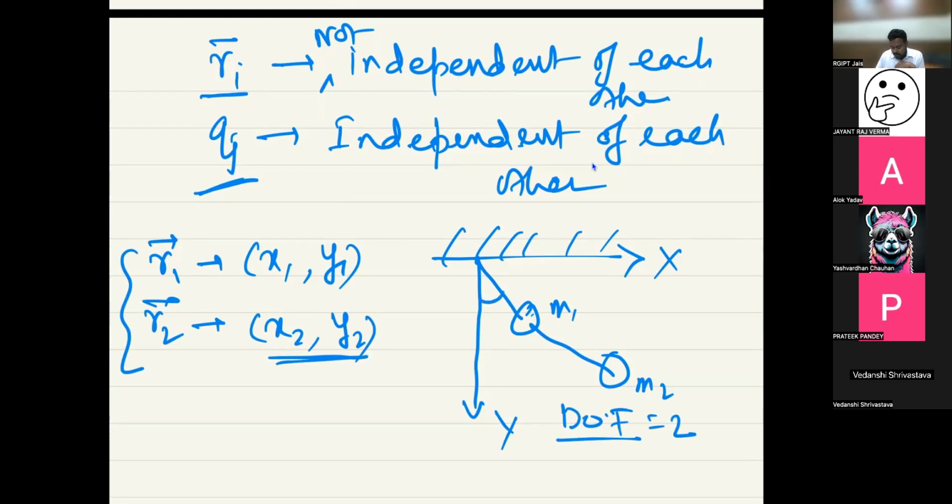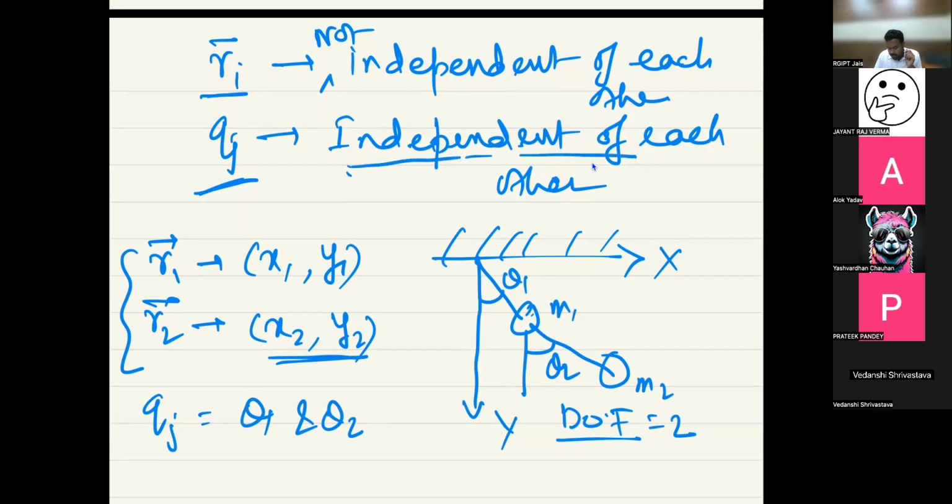But what are the generalized coordinates here? This is θ1 and this is θ2. These two are the generalized coordinates. So here the qj's are θ1 and θ2. These θ1 and θ2 are fully independent. θ2 does not depend on θ1. So the generalized coordinates are independent of each other.